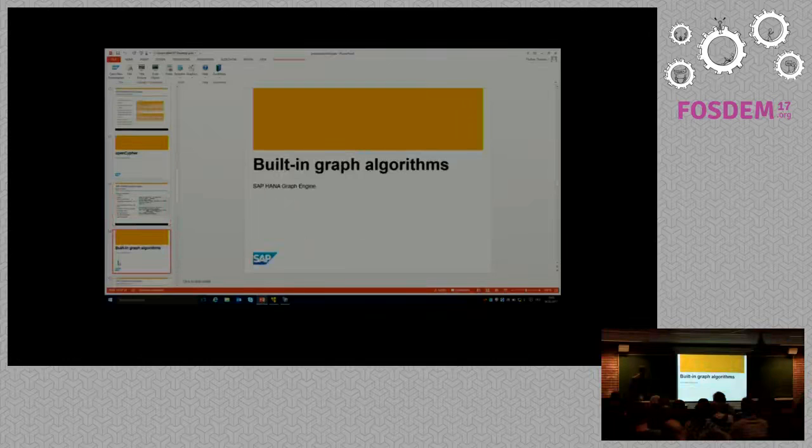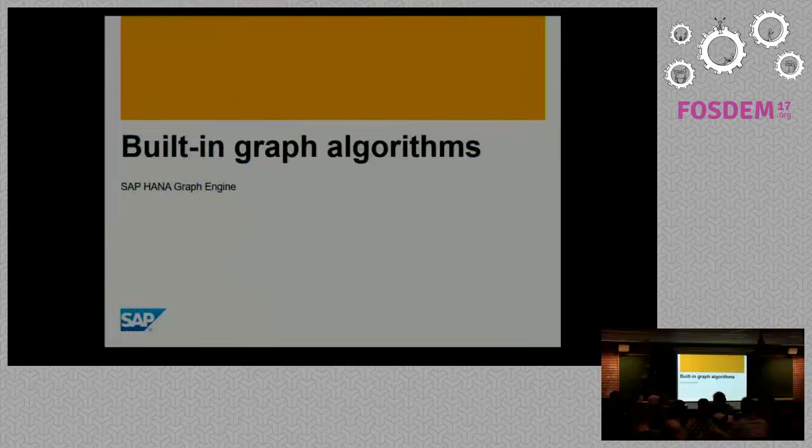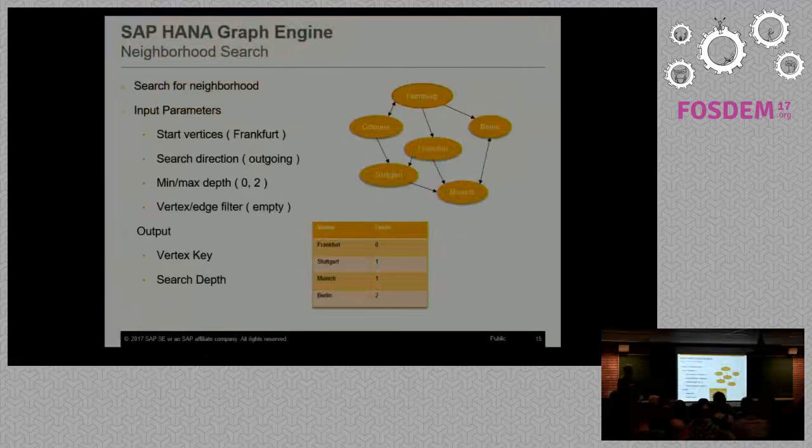Okay. The next features we offer are built-in algorithms, and we have three of them. The first one is a neighborhood search. Neighborhood search is basically a breadth-first search, which returns the vertices and the level in which the vertices are. As input parameter, you need to provide one vertex or a set of vertices.